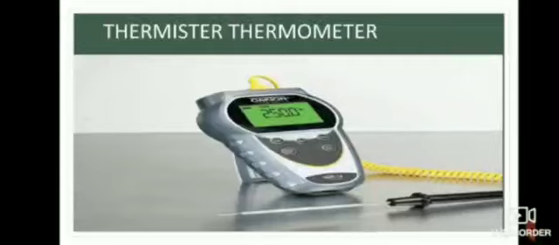Because a clinical thermometer contains mercury, which is a toxic substance and is very difficult to dispose of. If a thermometer breaks, it is harmful when measuring the temperature of infants and children.